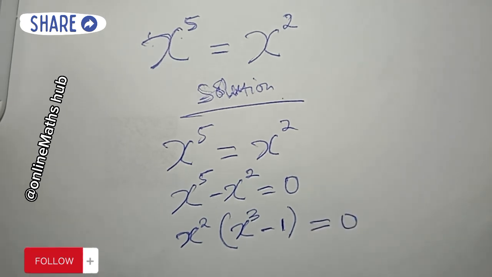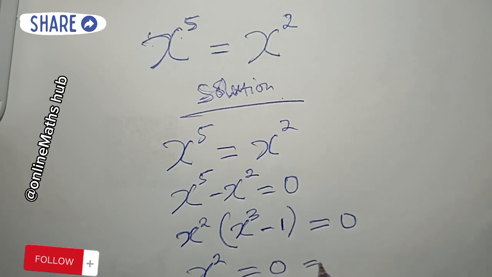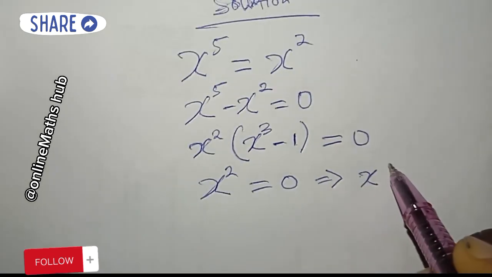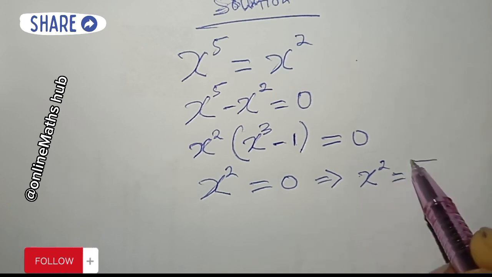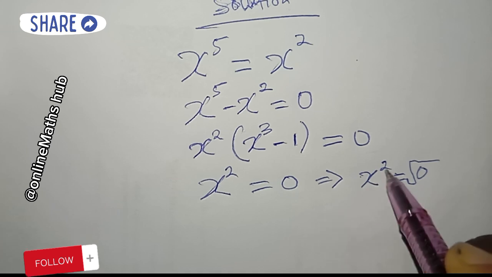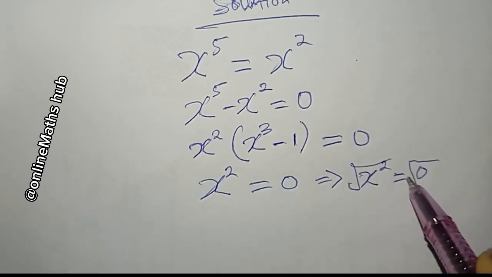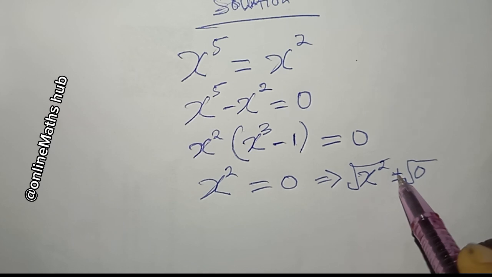So here clearly you can see that using the zero product rule, x power 2 is equal to 0, which of course implies that x power 2 is equal to 0. I can actually take the square root of both sides. Of course this is plus or minus.